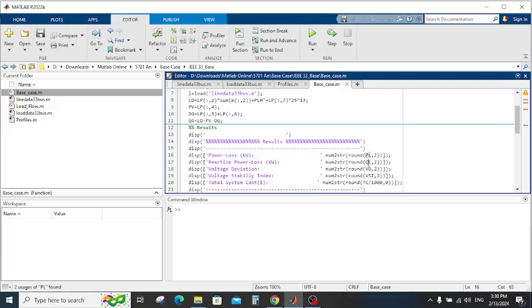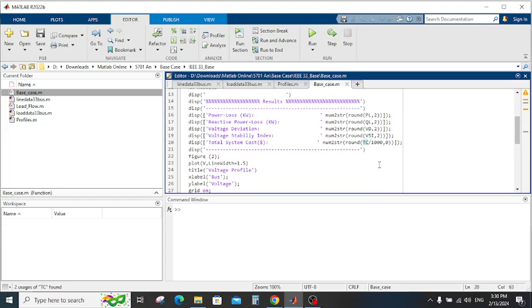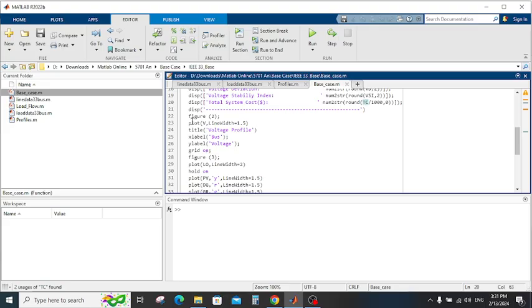After we extract the output and calculate the parameters, we print the results: power loss, reactive power, voltage deviation, voltage stability index, total cost divided by 1000, because the total system cost is in thousands of dollars. And after that we plotted the voltage profile.